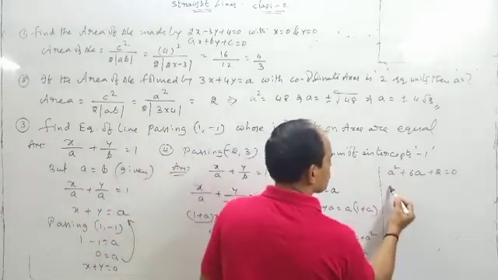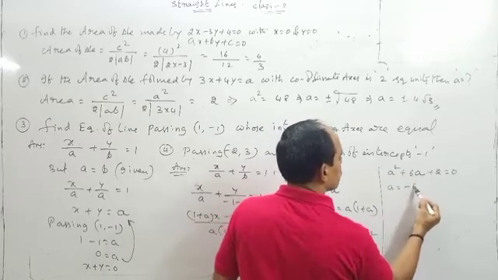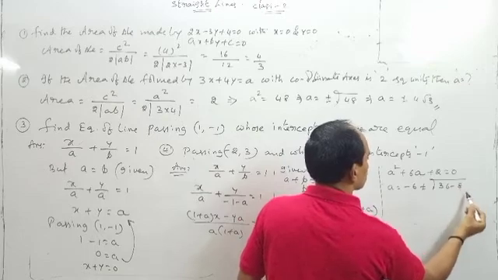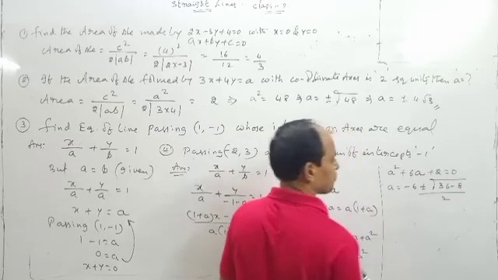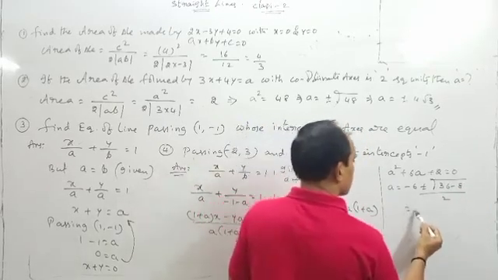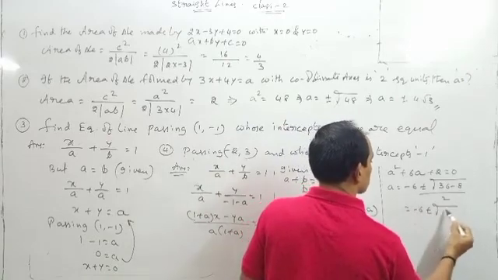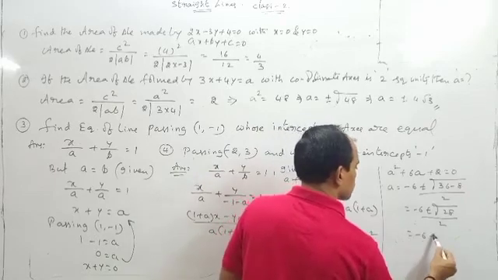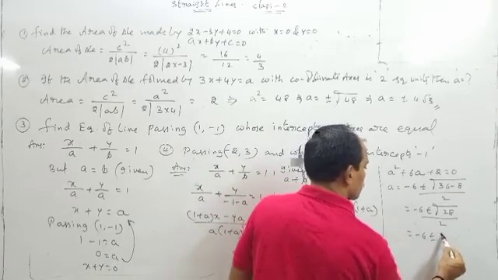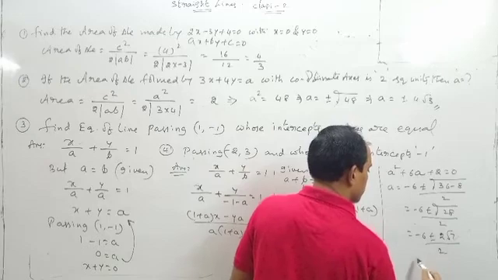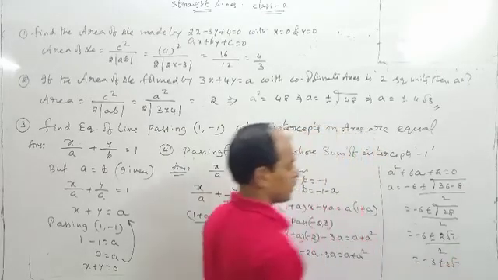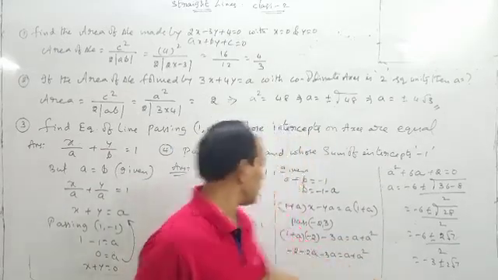There are no factors, therefore a is equal to minus b plus or minus square root of b square minus 4ac by 2a, that is minus 6 plus or minus root of 28 by 2, that is minus 6 plus or minus 2 root 7 by 2. So minus 3 plus or minus root 7. That is the value of a. Then what about b?